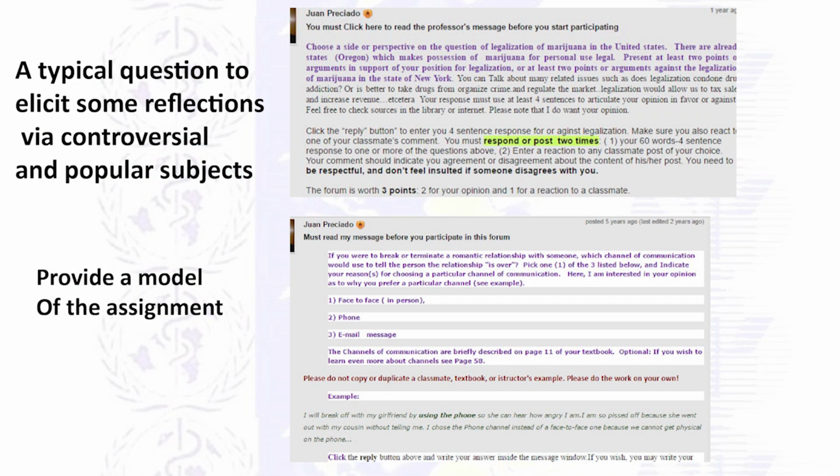So I try to design questions in the discussion board that get them to react to the material in a way that relates to them. So we try to use a question that primes the student in their own reaction without reading, but at the same time says, okay, but now you have to think about what the chapter says, what the experts say.